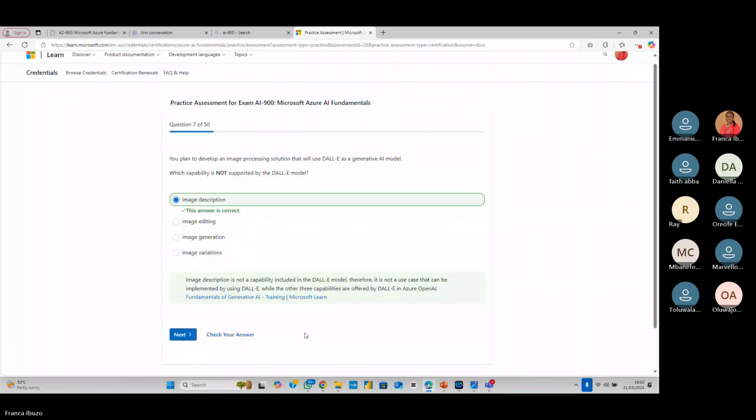Okay, that's correct. Remember, DALL-E is for image generation, image editing, and image creation. Description is where you have text. That's not what DALL-E does.